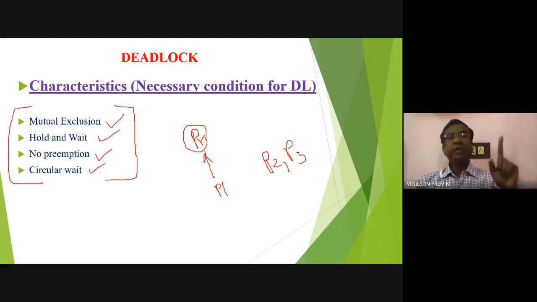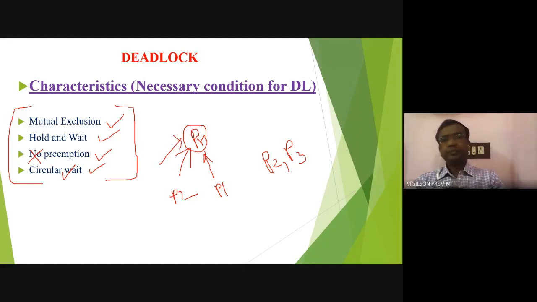If we allow preemption, deadlock will not occur. If we do not allow hold and wait, deadlock will not occur. If there is no circular wait, deadlock will not occur. If we allow the printer to be used by more than one process, deadlock will not occur.